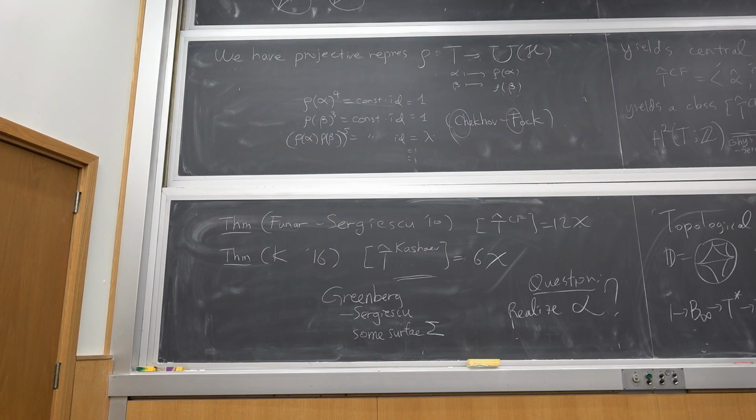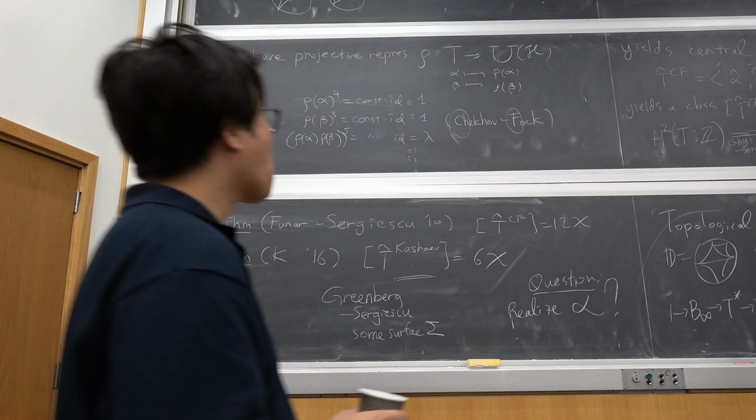So it's not just this single surface and its mapping class group. You have to say how T embeds into the mapping class group of this surface, and for that they had to come up with the right way of moving around these punctures. They only used a specific way to realize this Godbillon-Vey class.